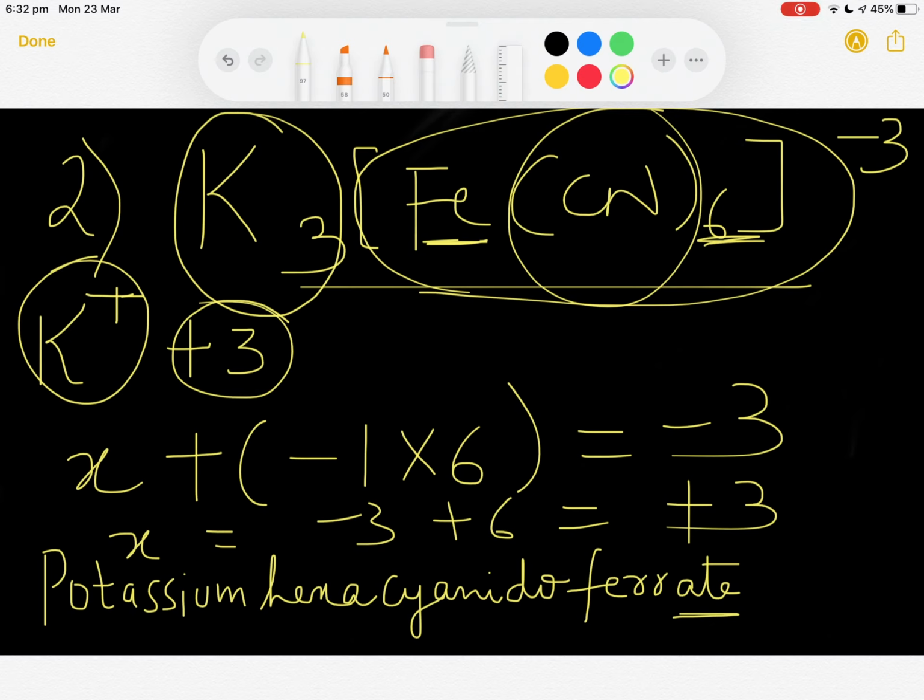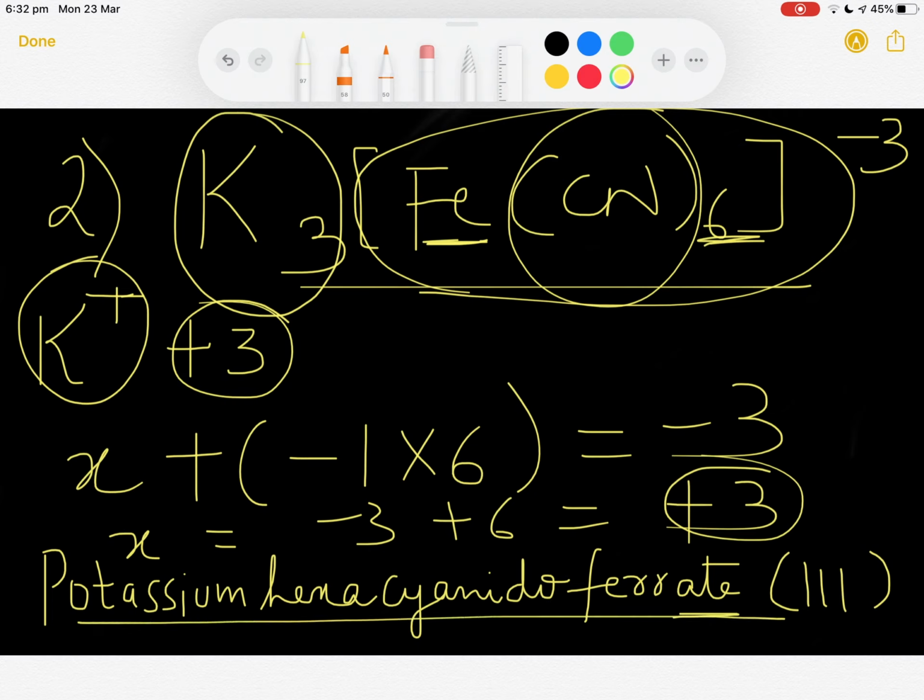So now what is left is the oxidation state, which has to be written in Roman numerals. So here I found the oxidation state as +3, so I'm going to put it as Roman numeral III. So that's the IUPAC name of this complex. Hope you understood it.